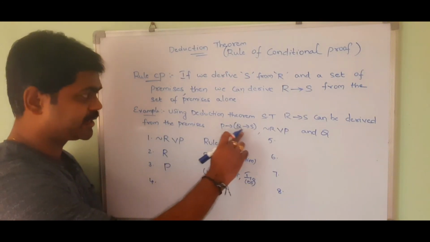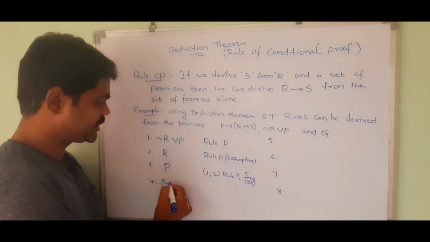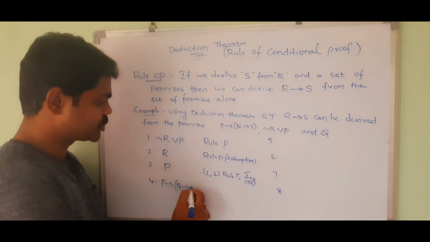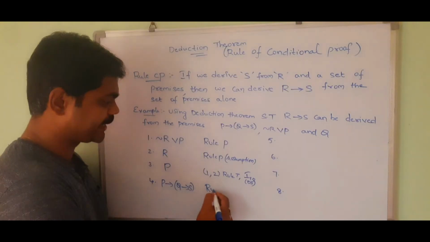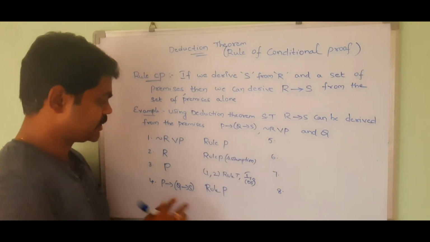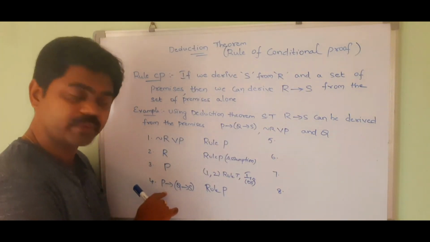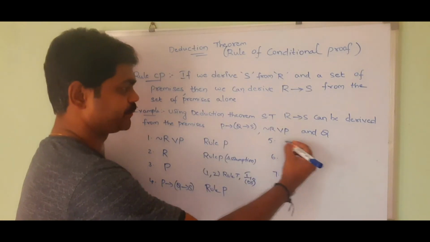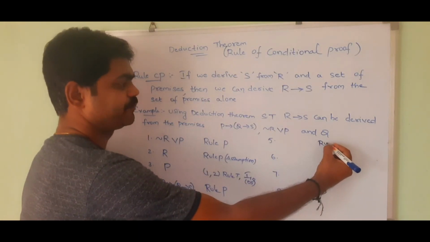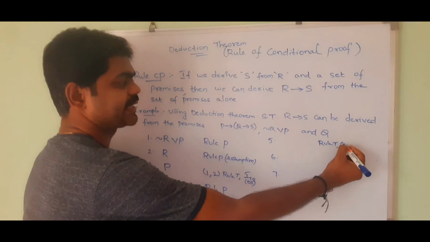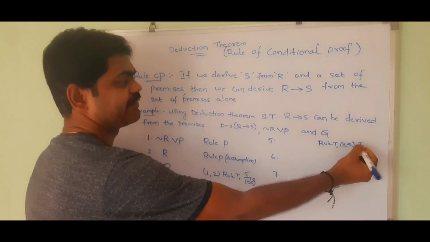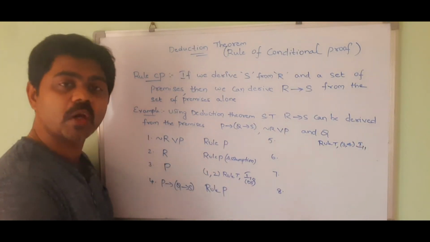Now take P → (Q → S). This is rule P again. Now take 3 and 4, so this is rule T, 3, 4 and I11. What is I11, which we already discussed?